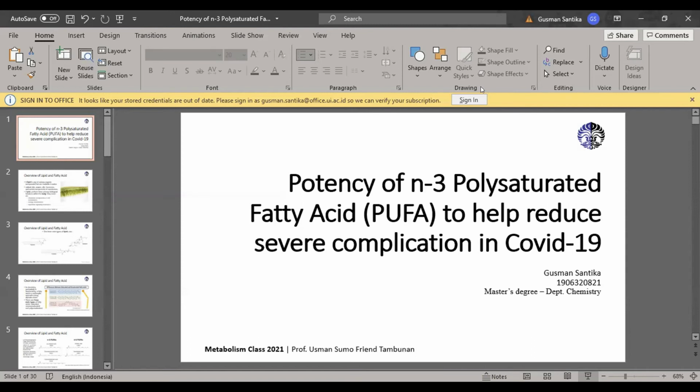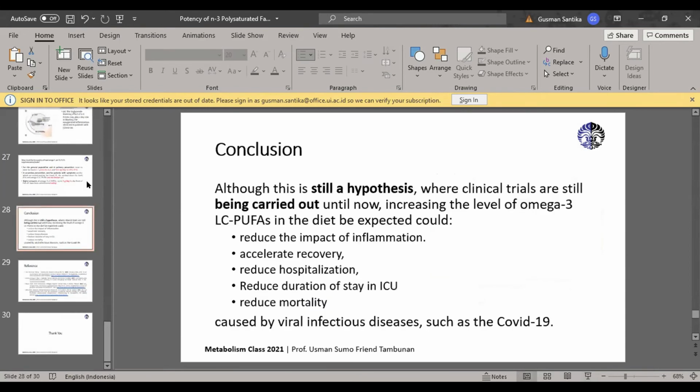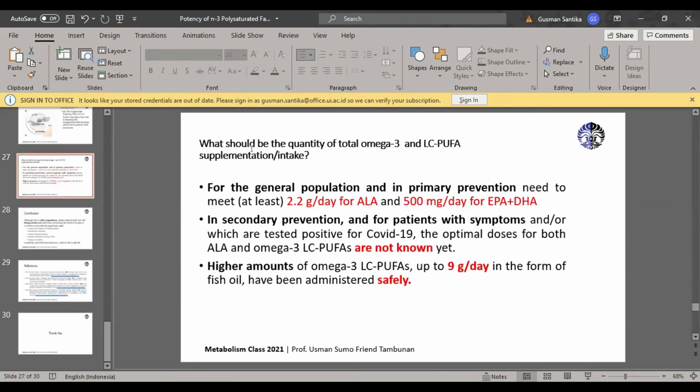Based on the paper that I've read, because the research is still going on, there is no clinical data to support the research, but in the paper it said that PUFA can reduce the symptoms of COVID.